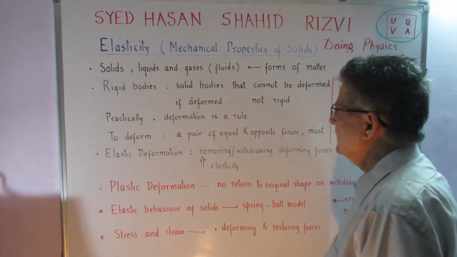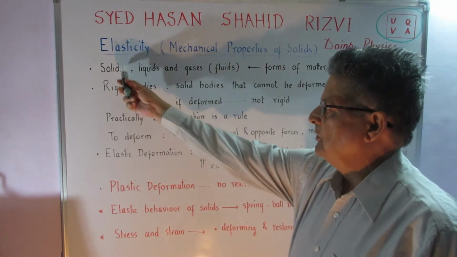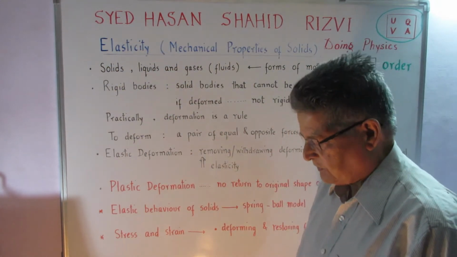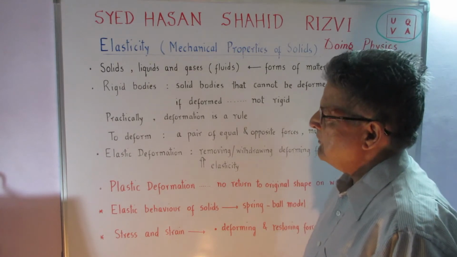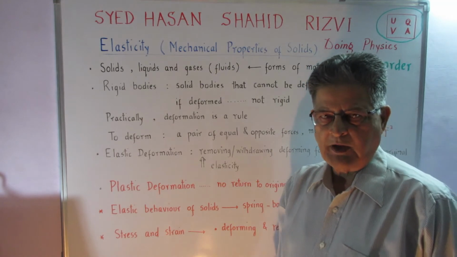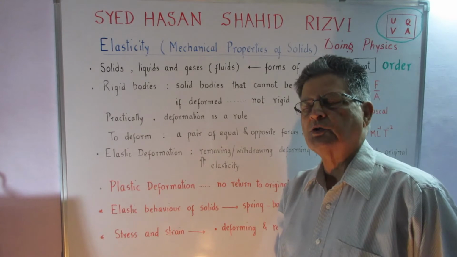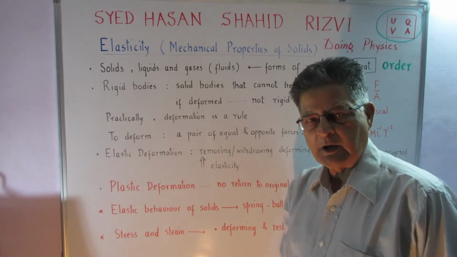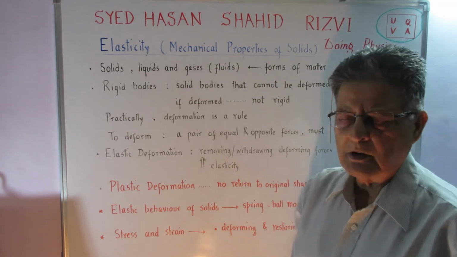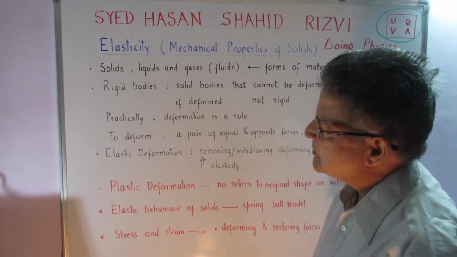Actually, solids, for example, are colonies of atoms and molecules arranged in a certain fashion. Every molecule is surrounded by other molecules. We have some nearest neighbors, next to nearest neighbors, and every nearest neighbor also has its own set of nearest neighbors.